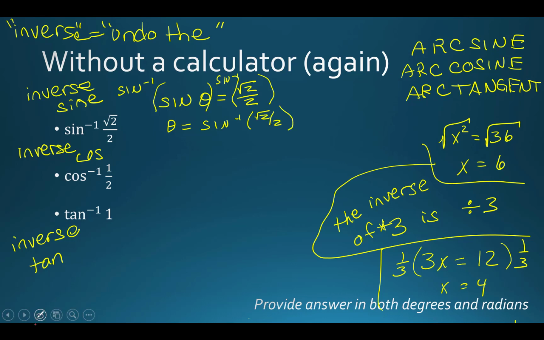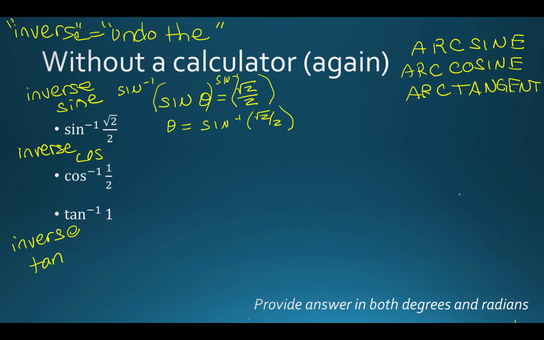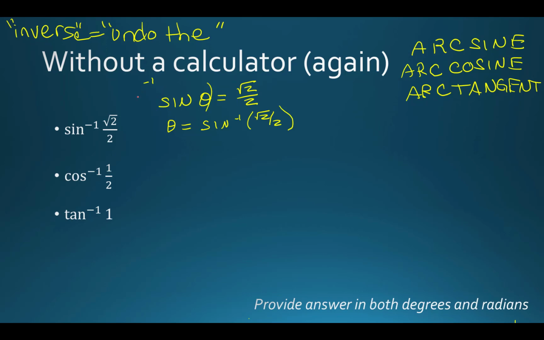Let me erase all this garbage over here. So the idea would be that if you were trying to solve a problem where you knew what the sine value was, but you didn't know what the theta was, how would you find the theta? You would use this pre-written thing. So I'm going to rewrite this a little bit prettier now that I have more space.